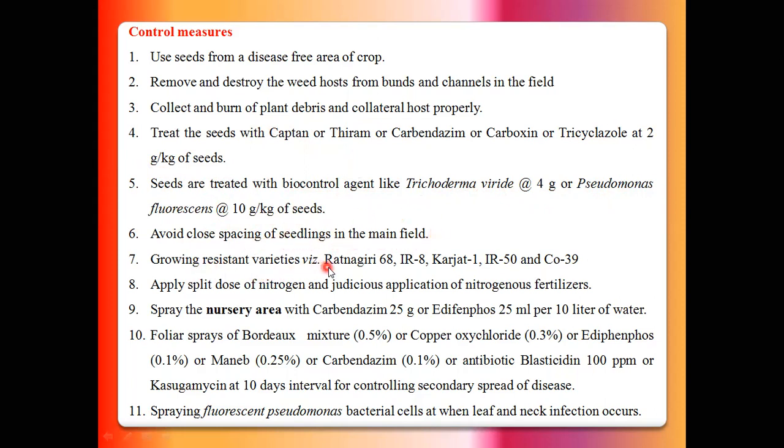Then grow resistant varieties such as Ratnagiri 68, IR8, Karjat 1, IR50 or Co 39, and apply split doses of nitrogen or judicious application of nitrogen fertilizer. Suppose the farmer applies excess doses of nitrogen, then the blast disease is initiated in the rice fields.